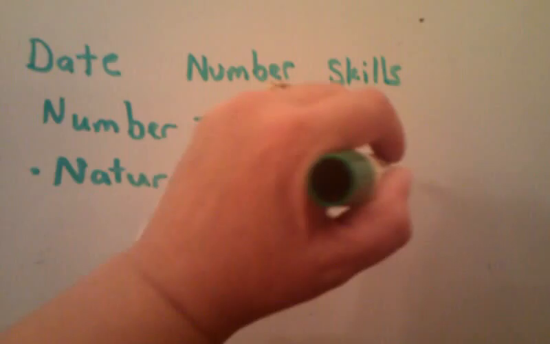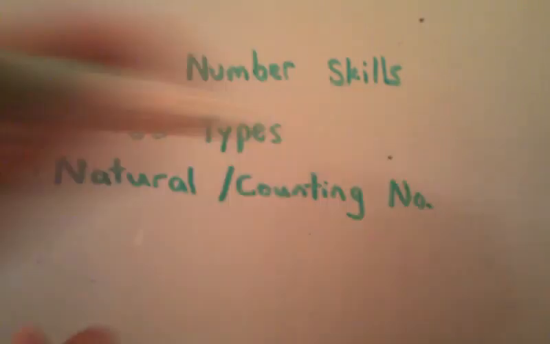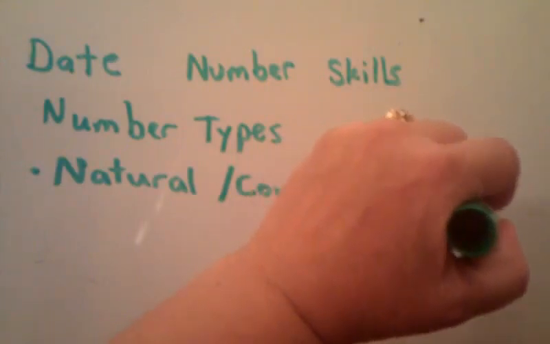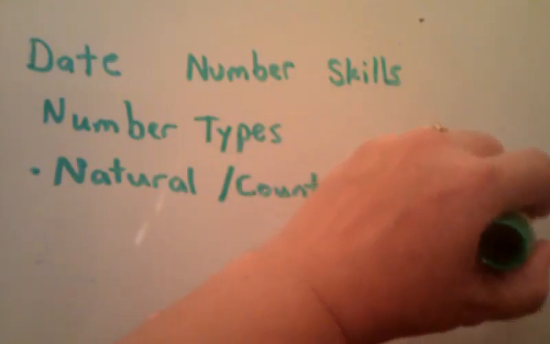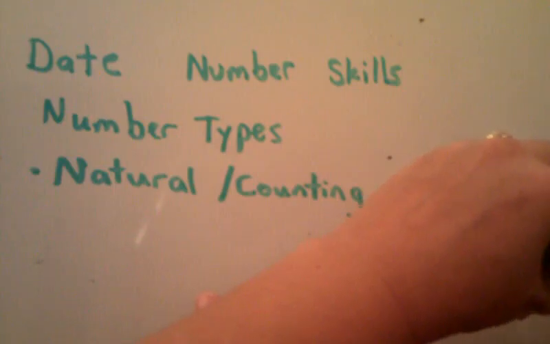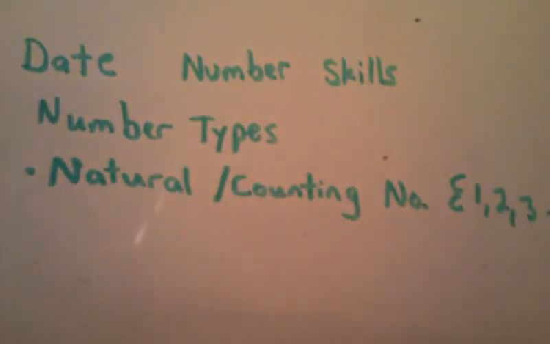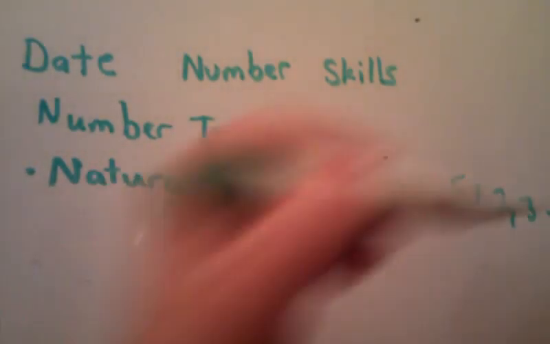Remember, they're the same thing. I'm going to abbreviate the word numbers. And they start with 1. 1, 2, 3, 4. Oh, it's a horrible parenthesis, isn't it? See if I can fix it. Kind of looks like a 3.